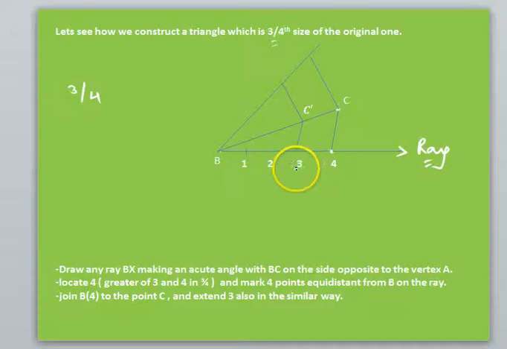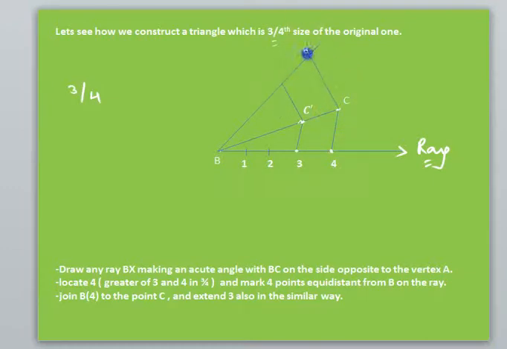Now I want 3/4 size of the original one, so I pointed my 3 over here and extended it parallel to this line up to BC and named this point as C dash. Join B4 to the point C and extend 3 also in a similar way. Now from here I extend C dash parallel to this line.